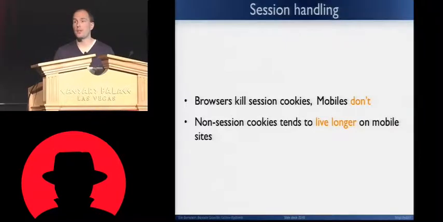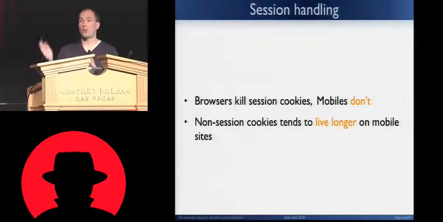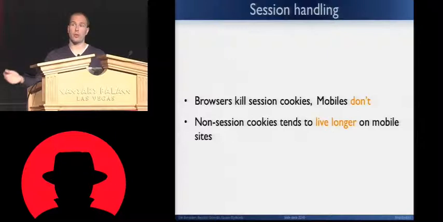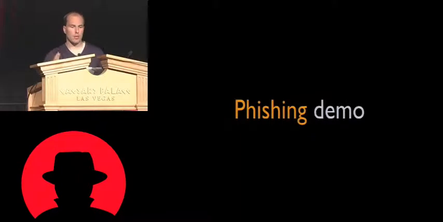For Android, it makes sense because you have the notion of intent, which means that every program can be interrupted by another, so if you want to resume your browsing, you have to keep them. But from a security perspective, it's a nightmare because sessions tend to live longer on a mobile browser than on a regular desktop counterpart. Let me show you a demo to really illustrate this point.